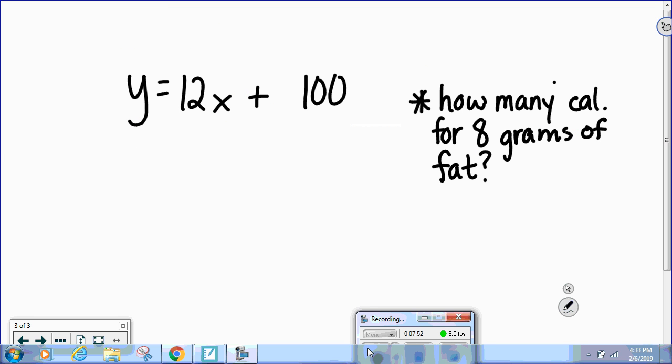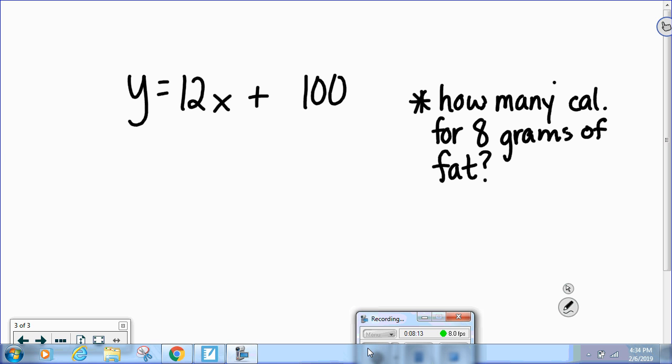Right, one more question for you. How many calories would I have if I have 8 grams of fat in a burger? All right, so what were calories? Were calories x values or were calories y values? Remember that we said calories are going to depend on the amount of fat.